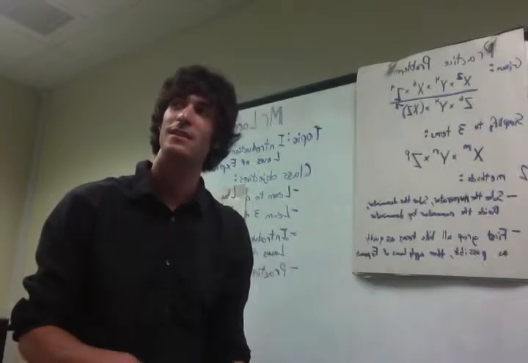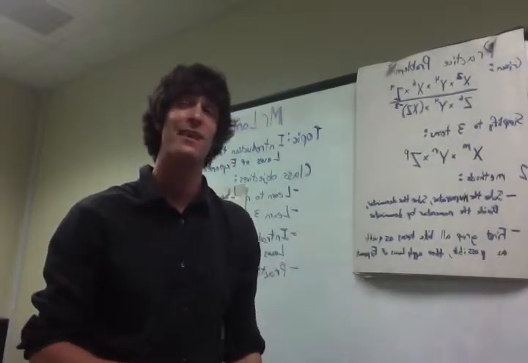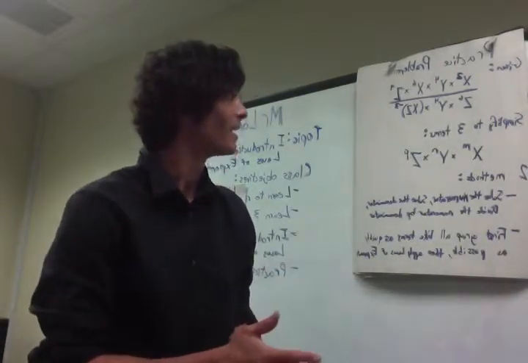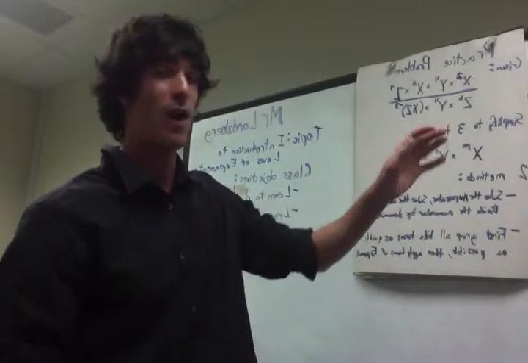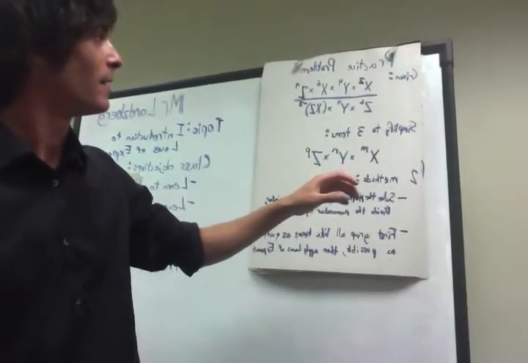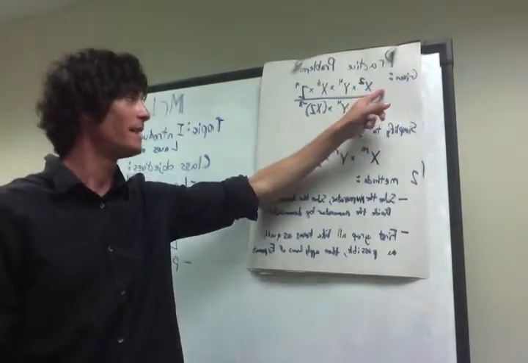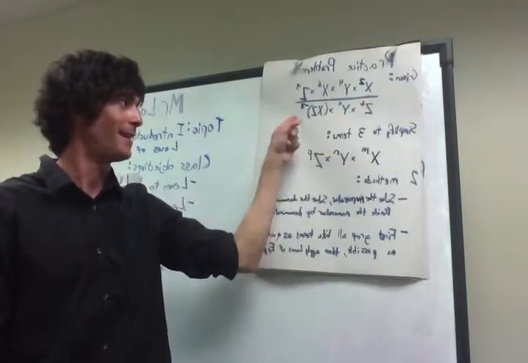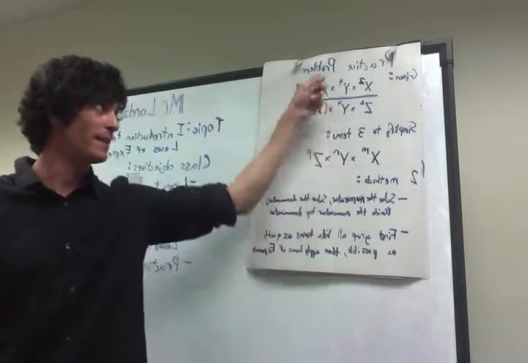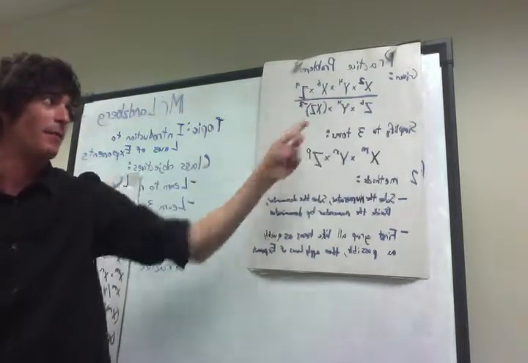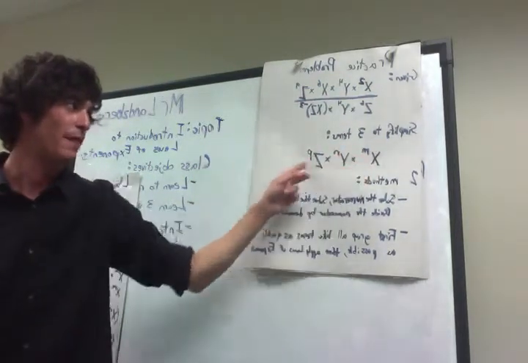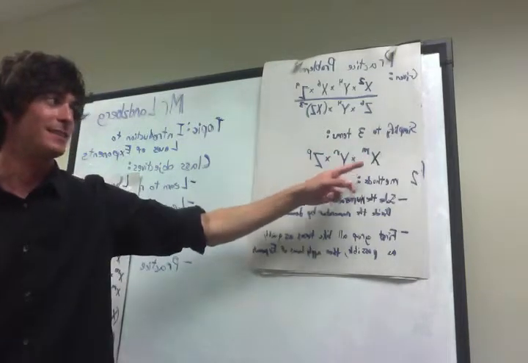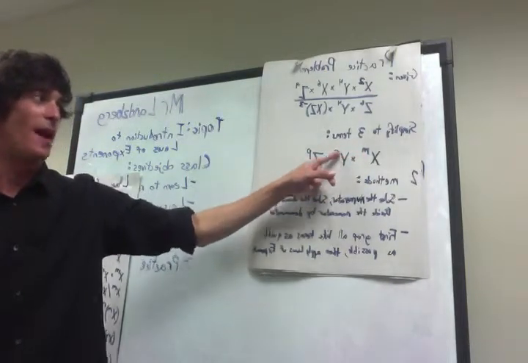So, our problem is here. We've given a complex fraction, numerator and denominator. We want to simplify this complex term into this more simplified term, which is just x to some power times y to some power times z to some power. There's two methods we're going to use.